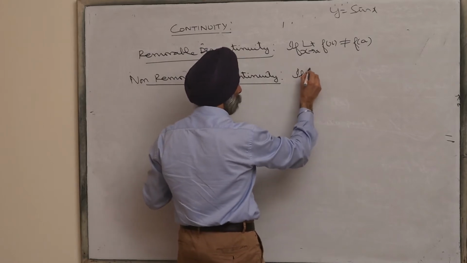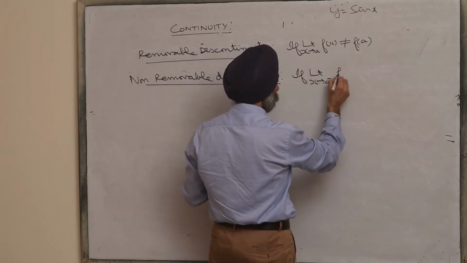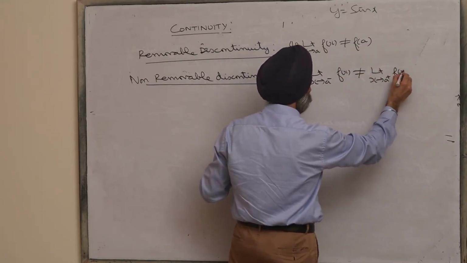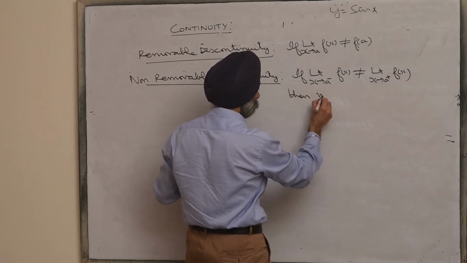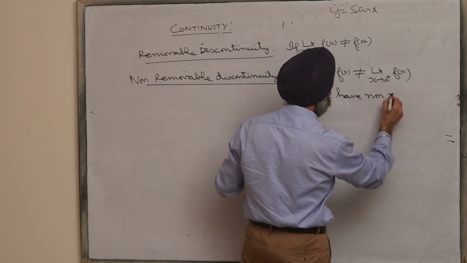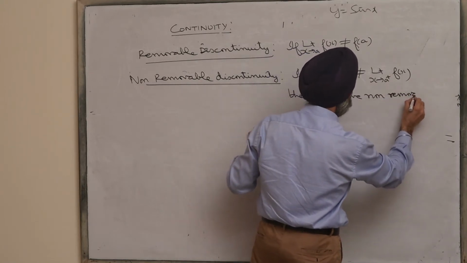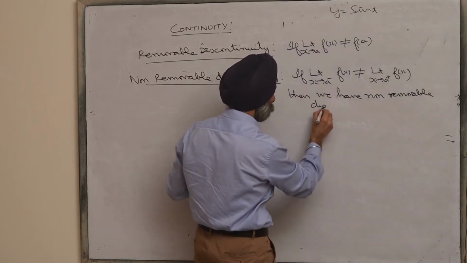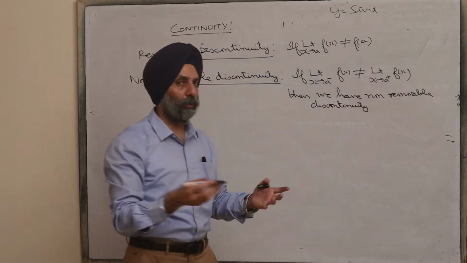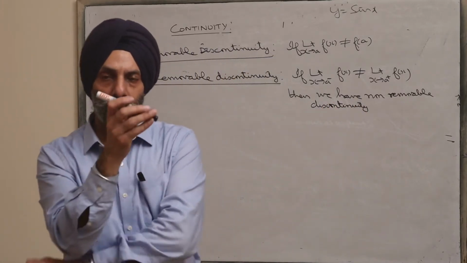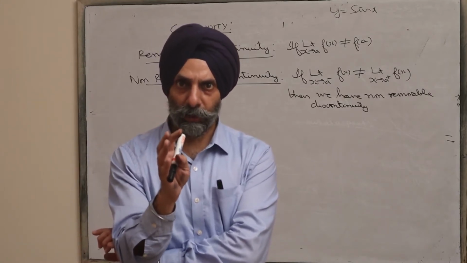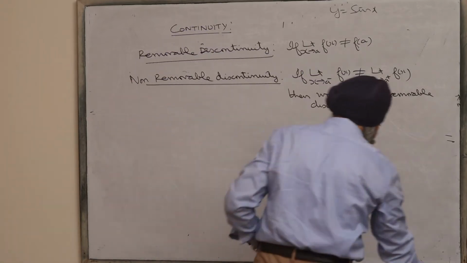If limit x approaches a negative f(x) is not equal to limit x approaches a positive f(x), then we have non-removable discontinuity, because you cannot remove this discontinuity because the limit of the function does not exist. So the condition for the function to be continuous is that the limit should exist and should be the same as the functional value at the point here.